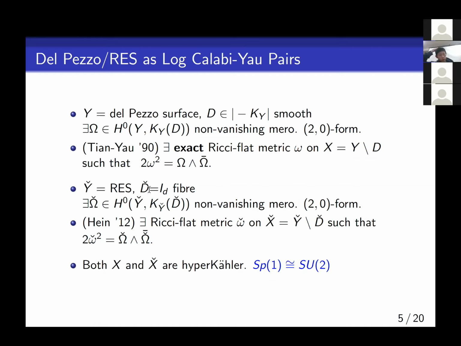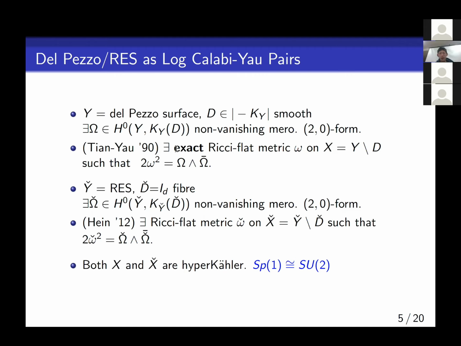Usually people consider the pair (Y, D) or (Y check, D check) as log Calabi-Yau pairs. But for me, I will assume something stronger. I really want the Ricci-flat metric.